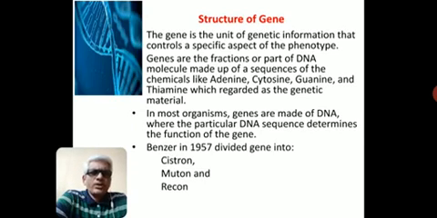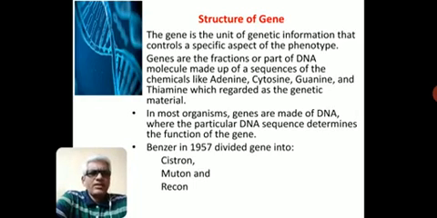What is phenotype? You know very well, we have studied genotypic and phenotypic expressions. The gene controls the phenotypic aspects. Genes are made up of deoxyribonucleic acid, that is DNA. They are fractions or parts of DNA. They are not the whole DNA, but a very small portion of DNA is called a gene.